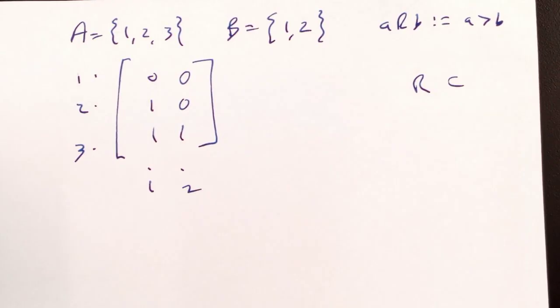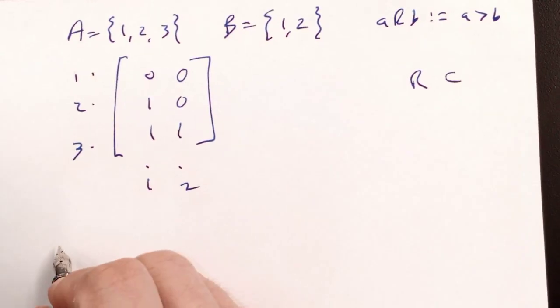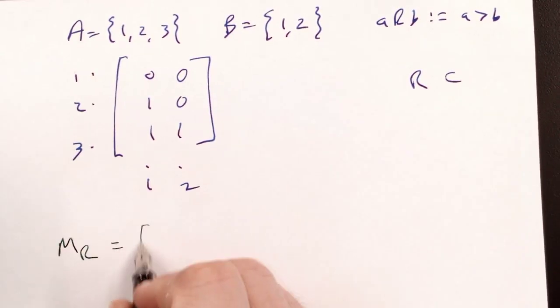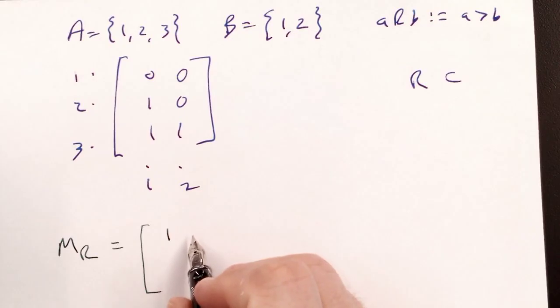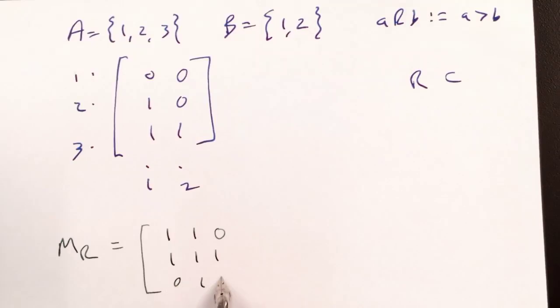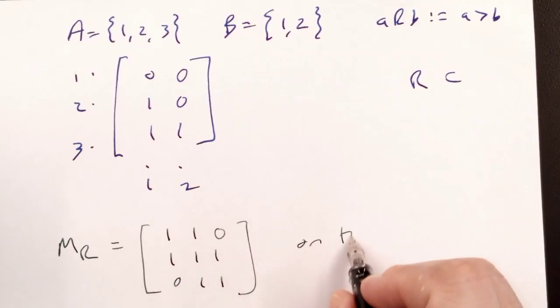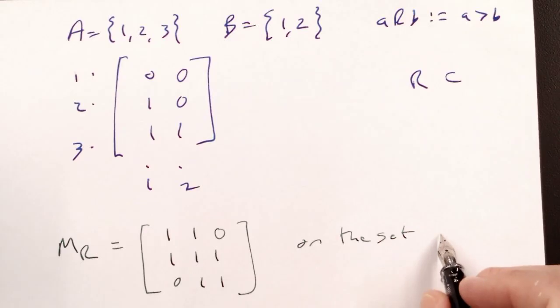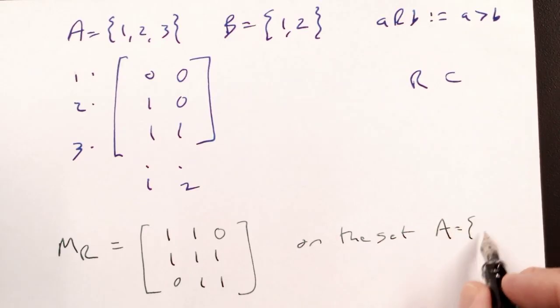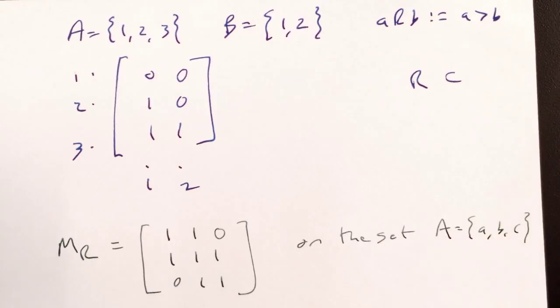If I have a matrix, I can deduce the relation from it. I have not labeled the outside, so this is a matrix on the relation.